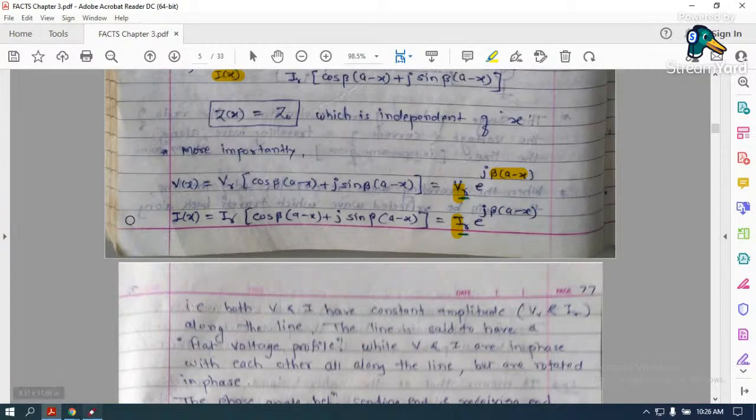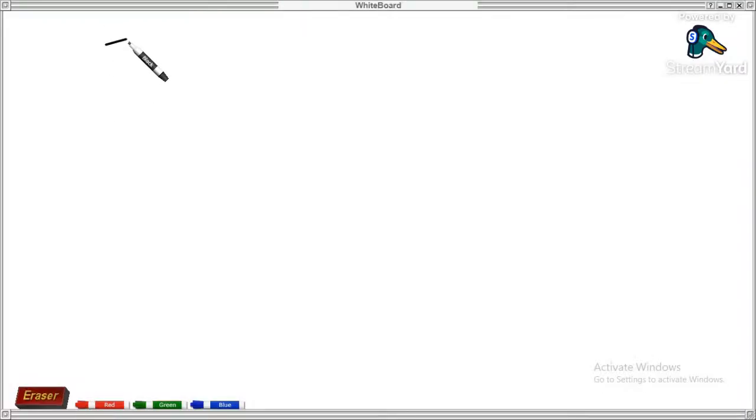If I want to see, I'll write the same equation again here. My voltage phasor V of x was equal to what? Its magnitude was VR, correct? And the angle was e raised to j beta (A minus x).